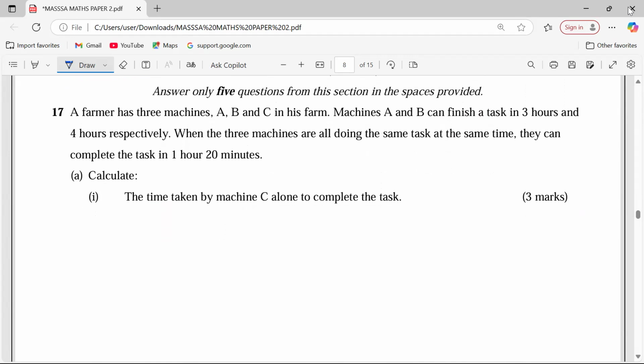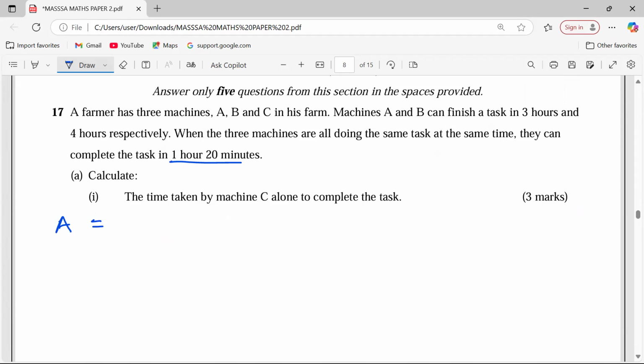So we know that total time taken is already given when the 3 are working. So let's talk about the fractions done in 1 hour by the respective machines. In 1 hour, machine A is going to do a portion of work.